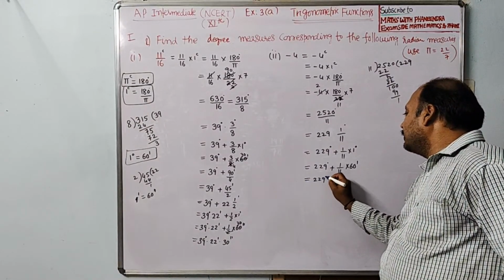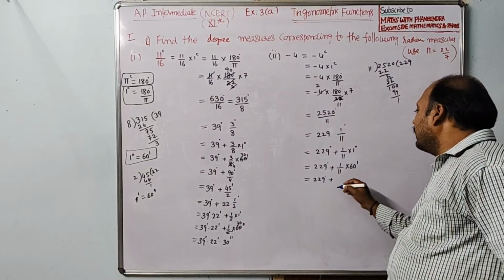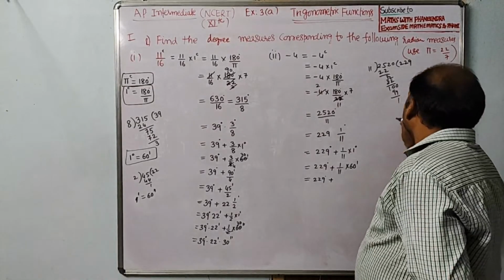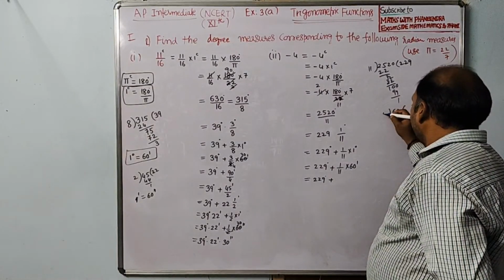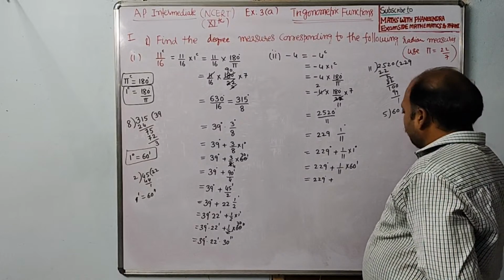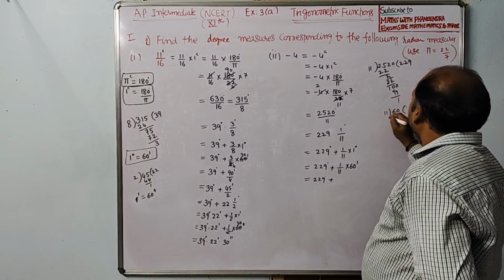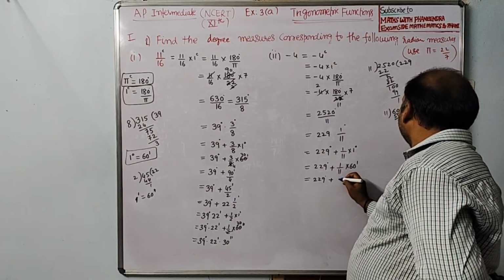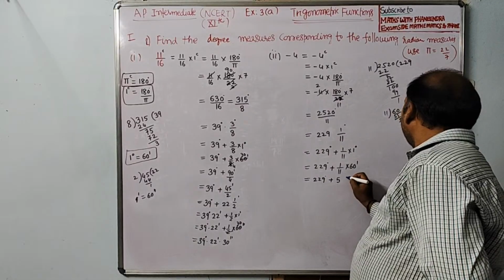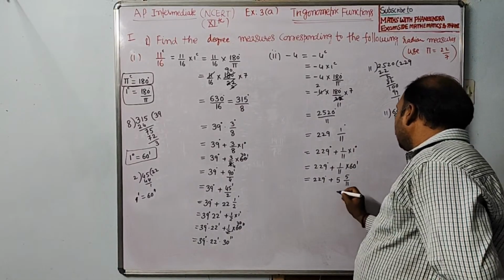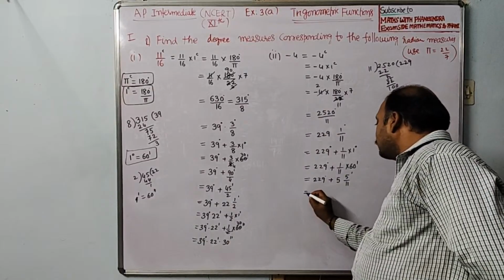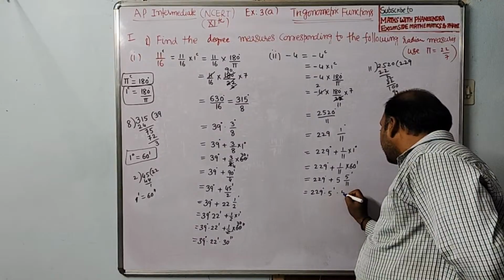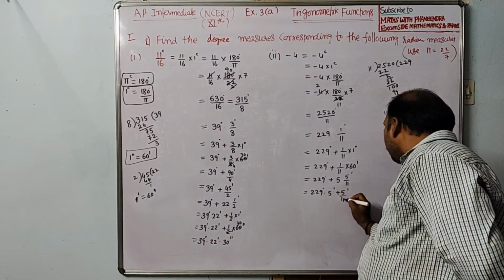So 229 degrees plus 60 by 11, means 11 5s are 55. 5 will be there. So 5 by 11 minutes. So 229 degrees 5 minutes plus 5 by 11 minutes.